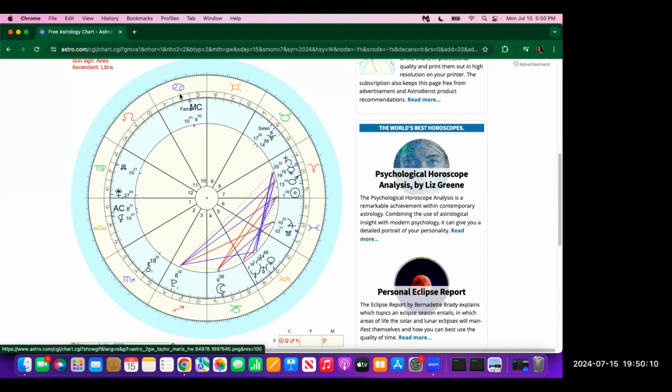Your 10th house is often associated with your career or your public image, but it's also like reaching for the stars. It's what you work towards, it's climbing the ladder, and it's your sense of purpose in life. The 11th house is communities, social circles, friendships, and your hopes and dreams for your future. And then the 12th house, again, is spirituality and everything that we just listed.